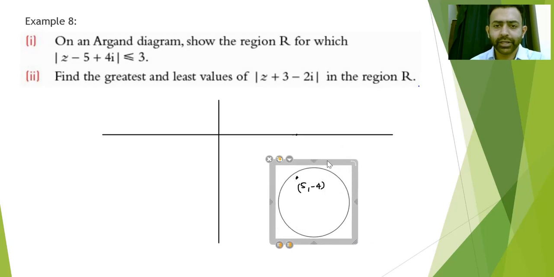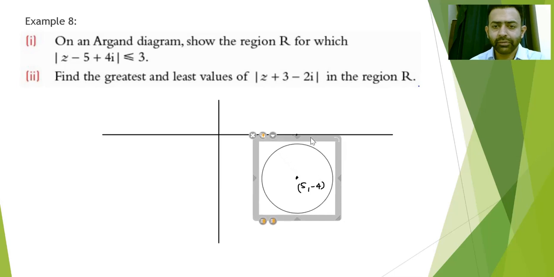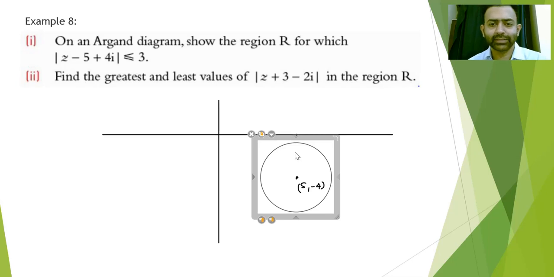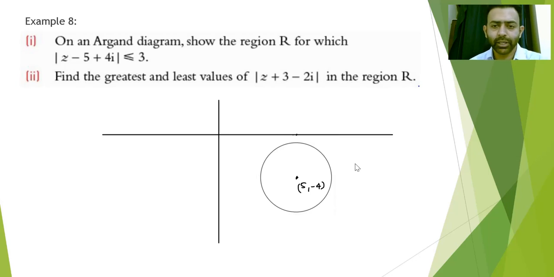Since its radius this time is 3, it will lie in the 4th quadrant only, because the vertical distance is 4 and the radius is 3, so it will not cross the x-axis, nor will it cross the y-axis, right? Because the radius this time is 3. Okay, so this is your circle, right?